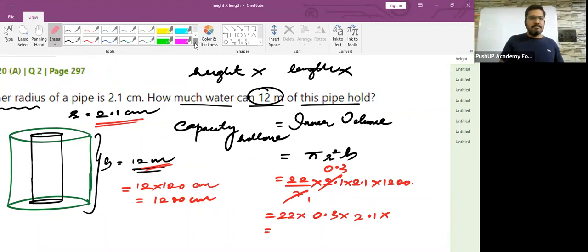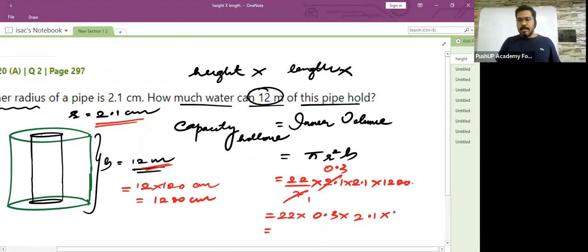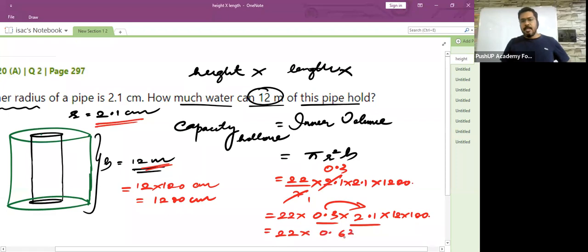See this? It is 12 into 100. 0.3 into 2.1, how much is it? It is 0.63, right? So 0.63 into 12 into 100.